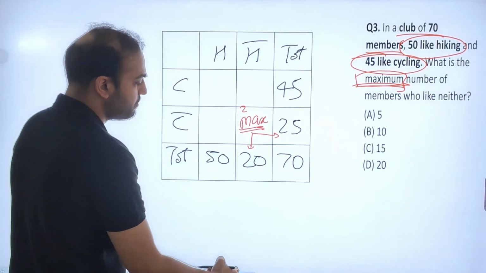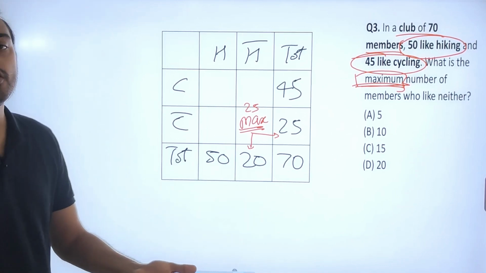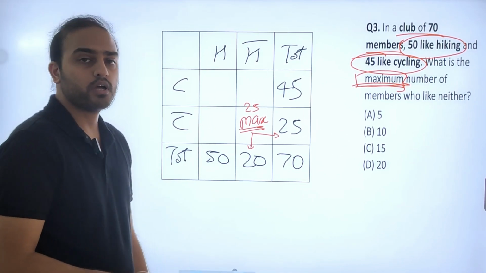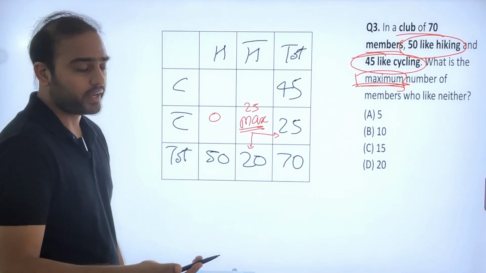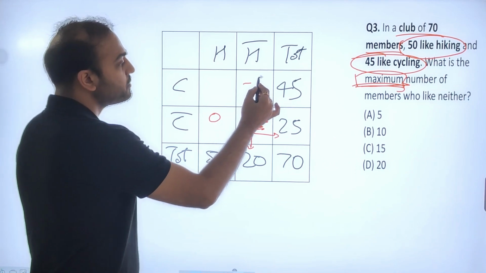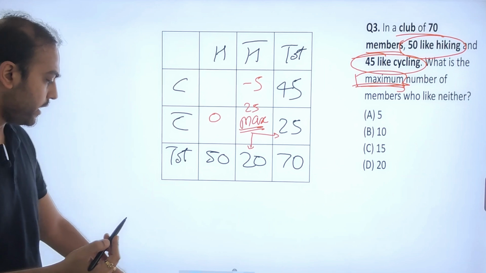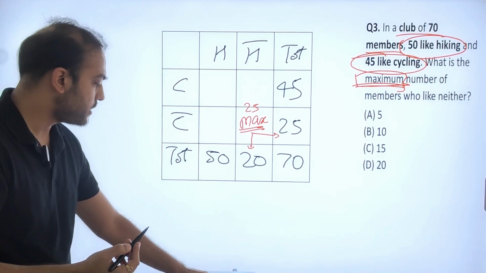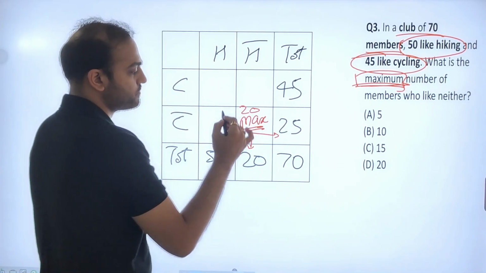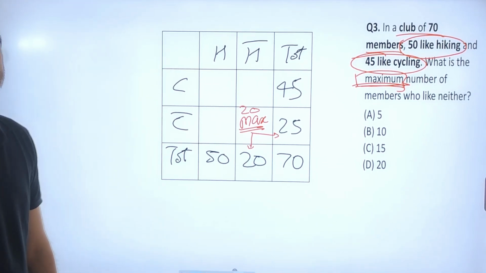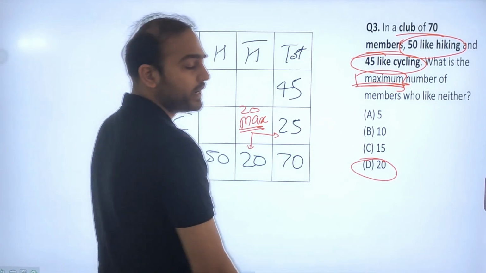For example, if I take this as 25, this becomes 0, which is fine, but the other becomes minus 5. How can you have a negative number of people? So for that reason, we observe and pick the smaller of the two values. So the maximum value is 20.